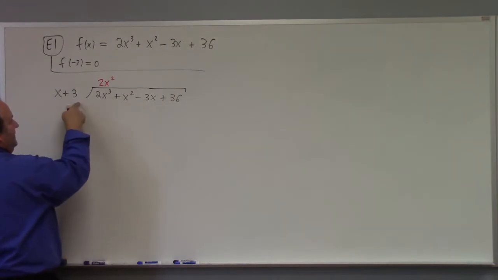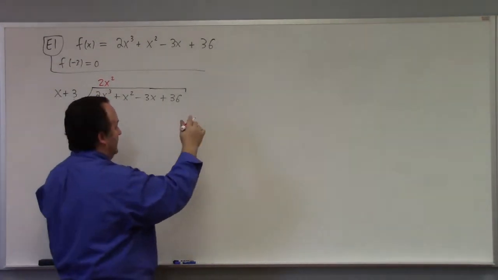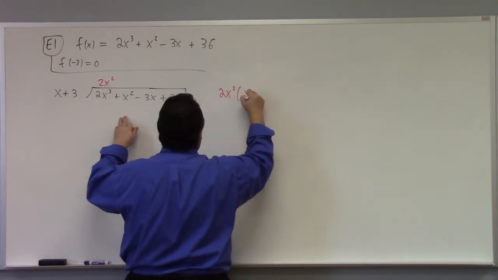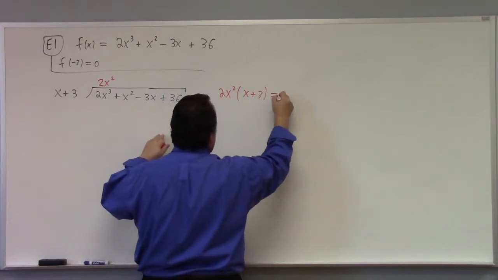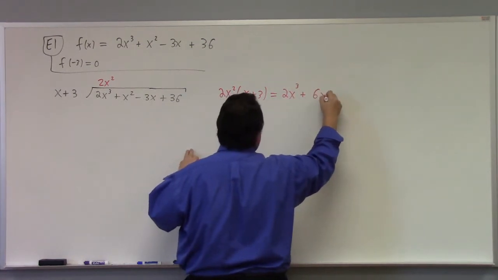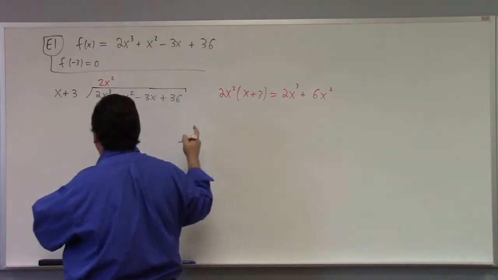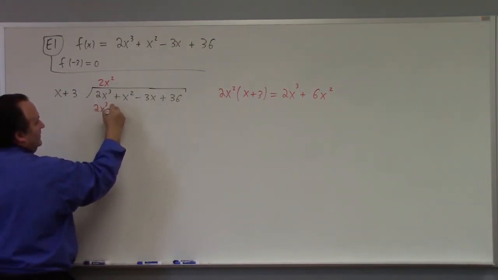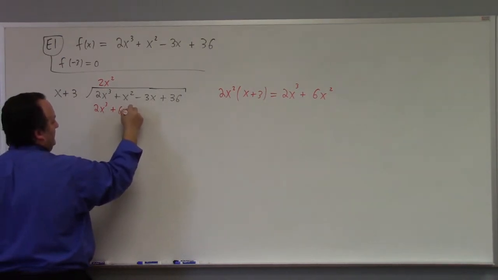Let me write off to the side here the logic. We have 2x squared times x plus 3. That's 2x cubed plus 6x squared.